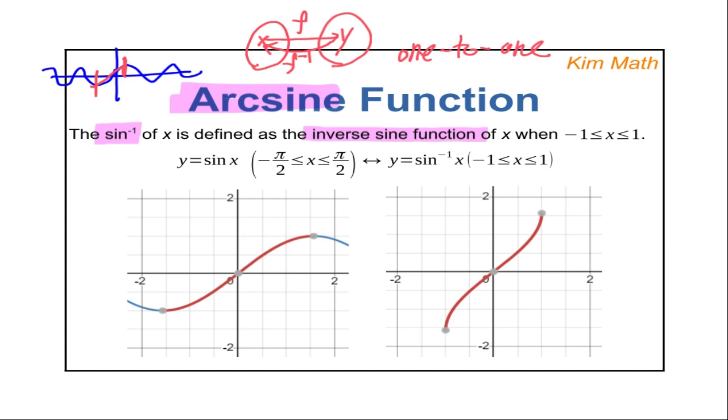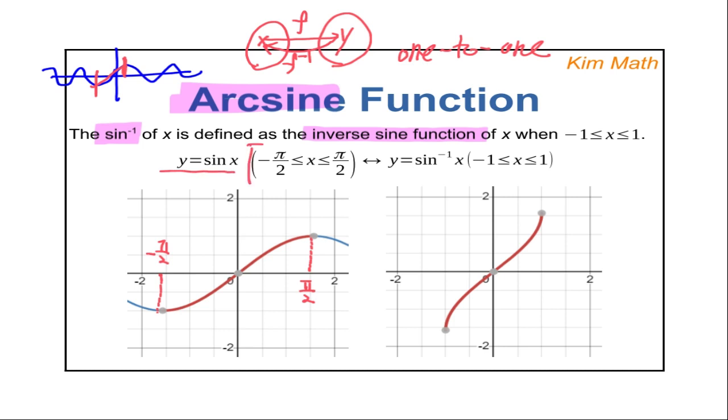So from this picture, this is negative pi over 2 to positive pi over 2. Now this is the sine of x.